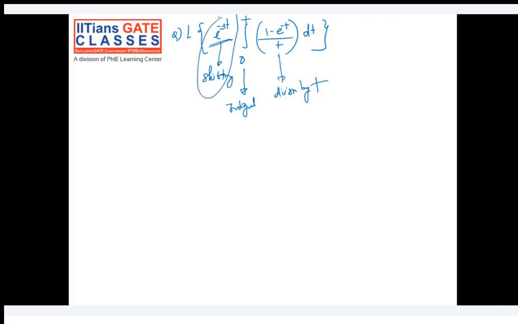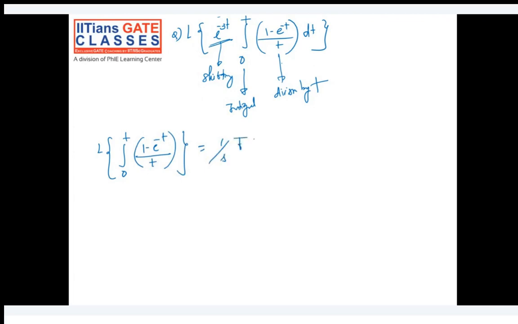Now our focus is only on this: Laplace transform of integration 0 to t (1 minus e to the power minus t) by t. If this question comes, what is the division by t property? It is 1 upon s f bar of s, or 1 upon s Laplace transform of (1 minus e to the power minus t) by t.